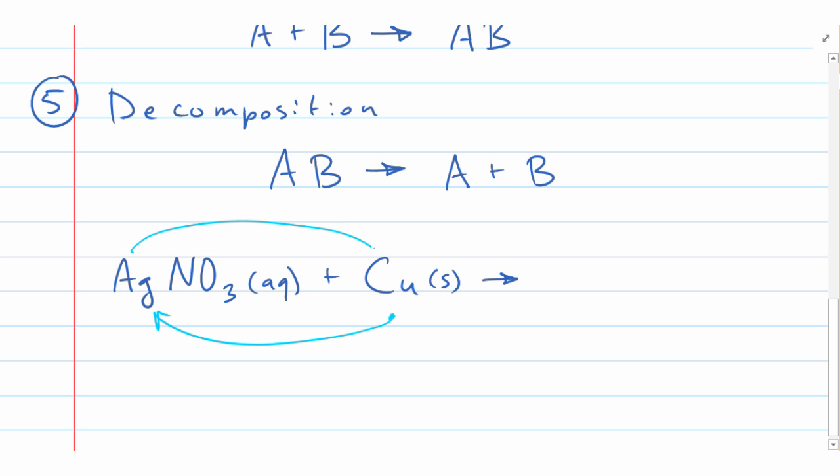These two wind up trading places. Once they trade places, we're going to wind up with copper nitrate and silver. And those fancy looking crystals on there are silver metal.